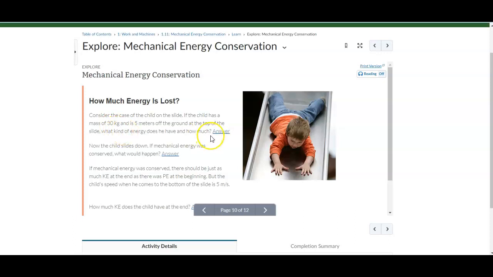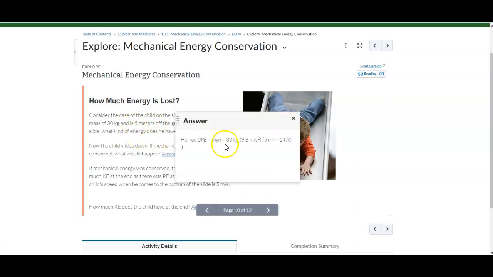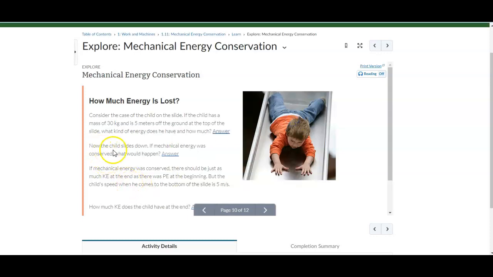If we were trying to solve the potential energy, we could just plug in that 9.8, and then the height. Do we get a height? Oh, 5 meters. 5 meters off the ground. So yes, we can plug in all those numbers, 30 times 9.8 times 5, and that gives us 1,470 joules.